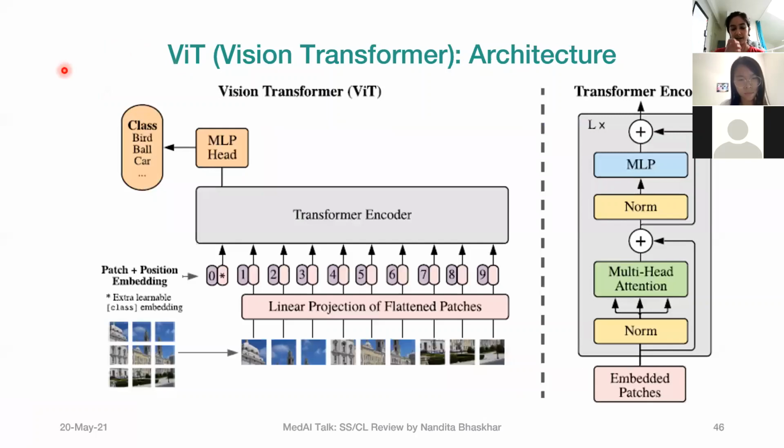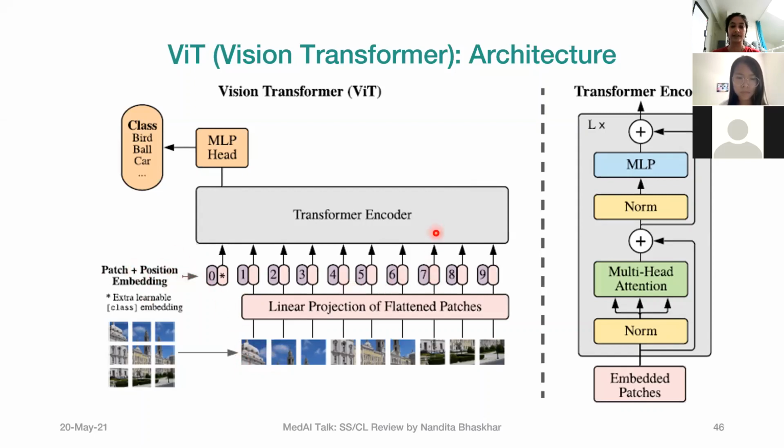To understand why this is performing so well, it's important to know what a vision transformer is. Instead of a convolutional architecture like ResNet, a vision transformer divides an image into multiple patches and then projects them onto an embedding layer, where both the patch representation as well as the position representations are given.